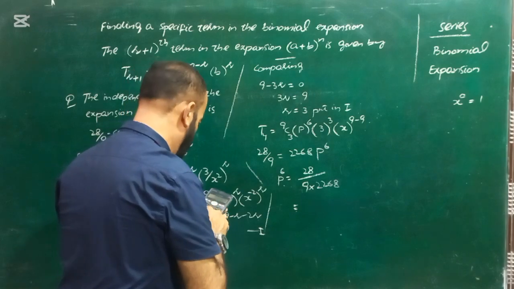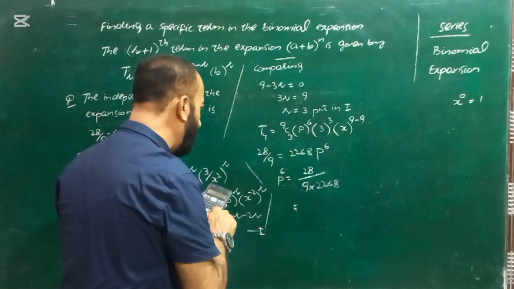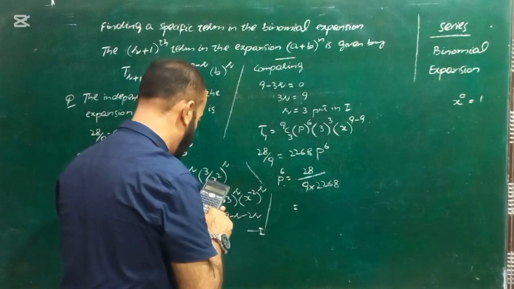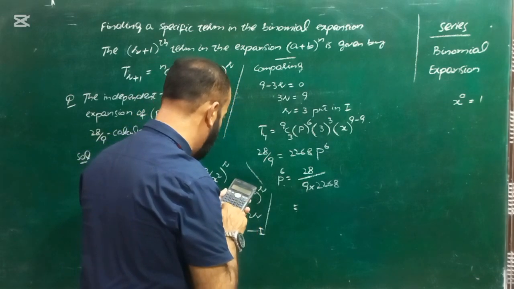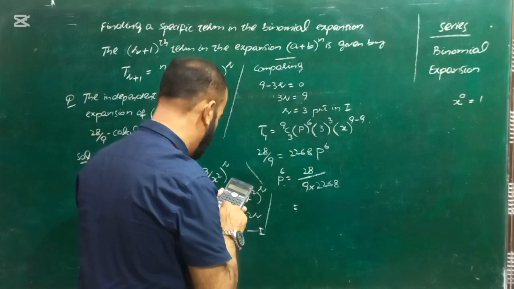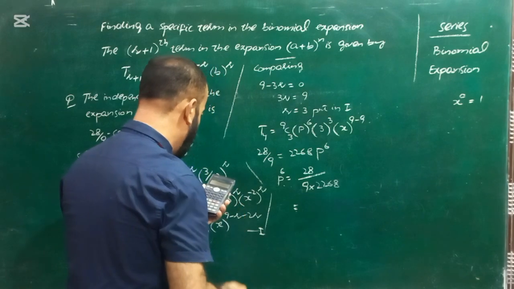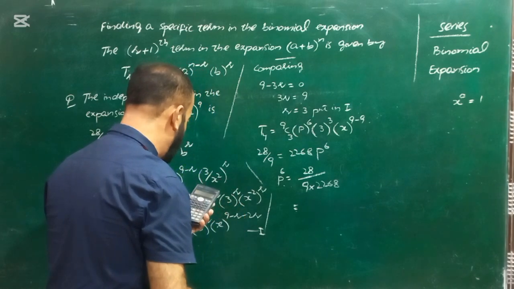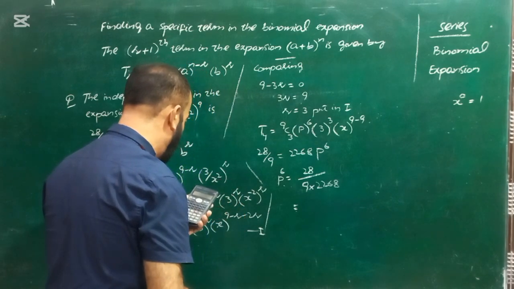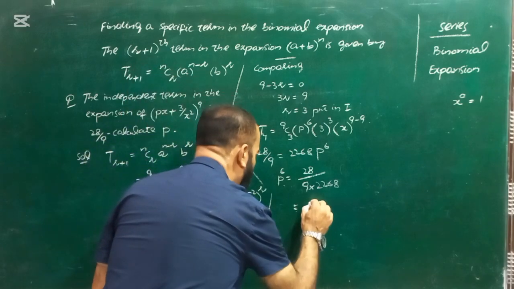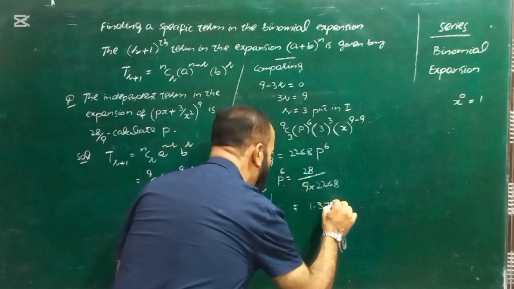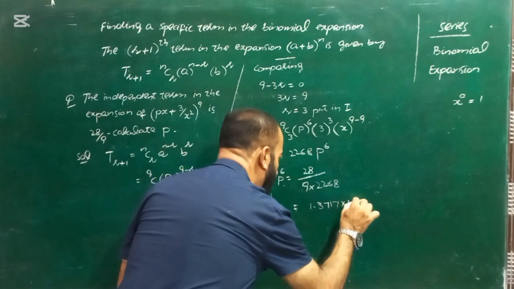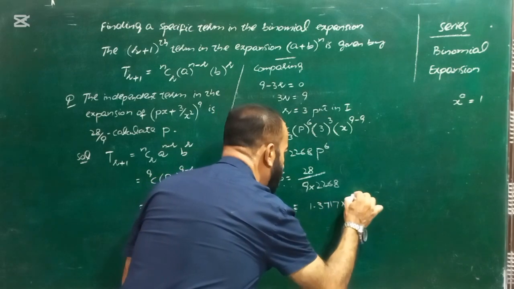Okay, 28 divided by 9 divided by 2268. So it is 1.3717 multiplied by 10 raised to power minus 3.